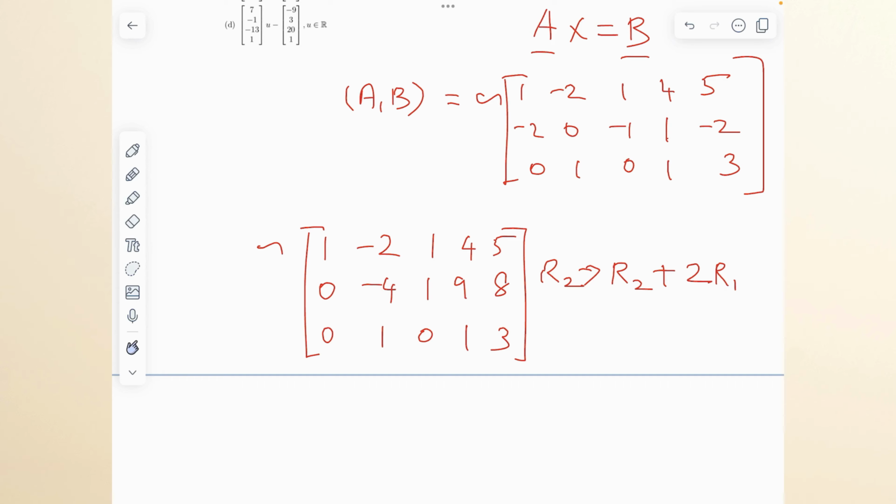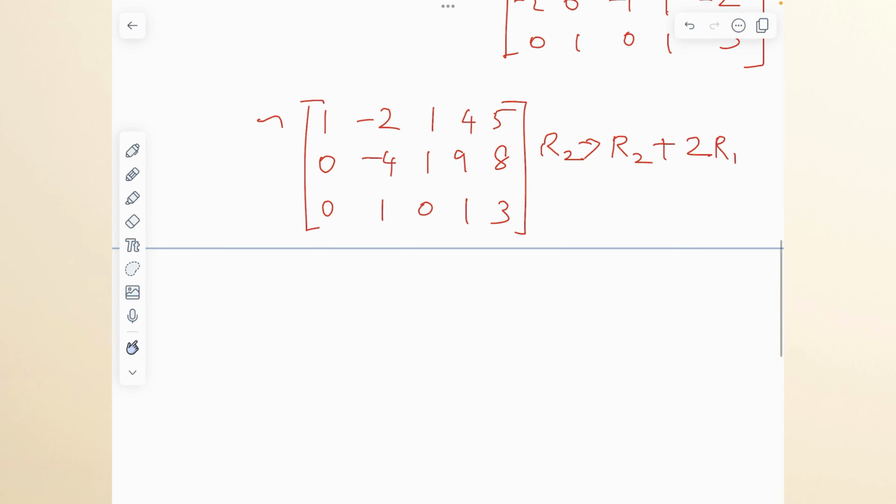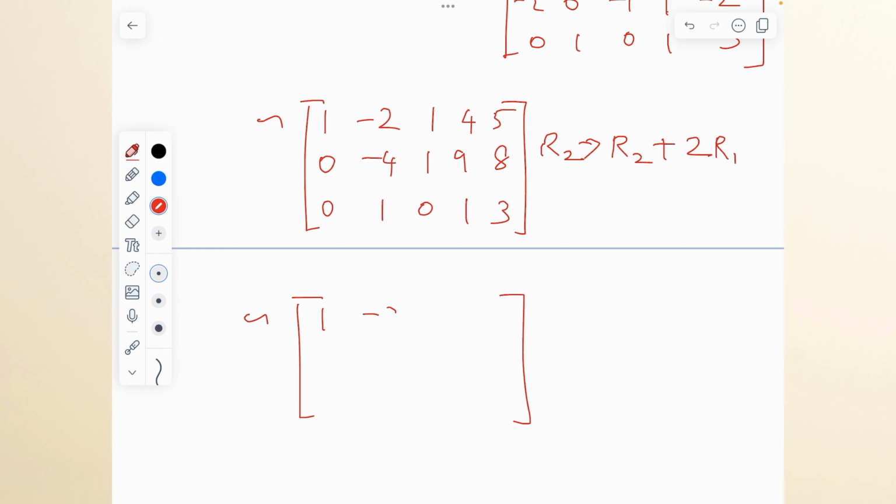Now going on to the next step, this second element of the second row should be 1. So now let us convert it into 1. To make this 1, we should divide the entire second row by minus 4. Write the first row as it is.